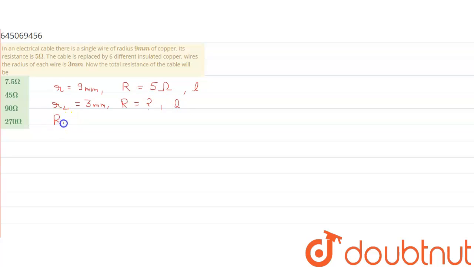So we know that the resistance of the first will be rho into length upon area, right? Similarly for R2, it will be rho L upon pi r2 square, and it is for one copper wire. As it is given that there are 6 different insulated coppers, R net will be equal to rho L upon pi r2 square into 1 by 6.